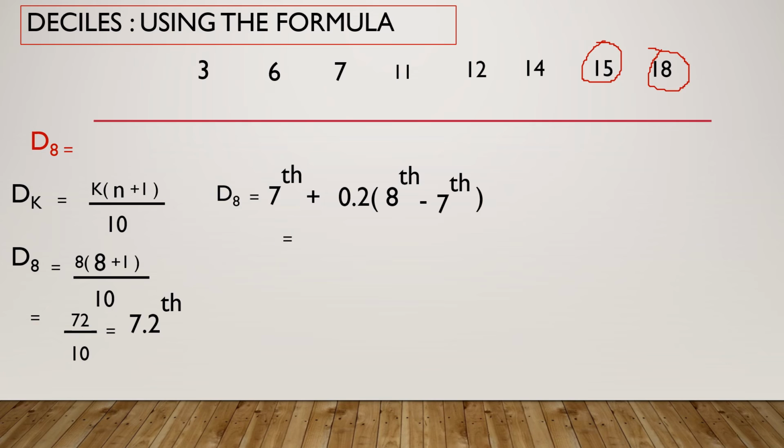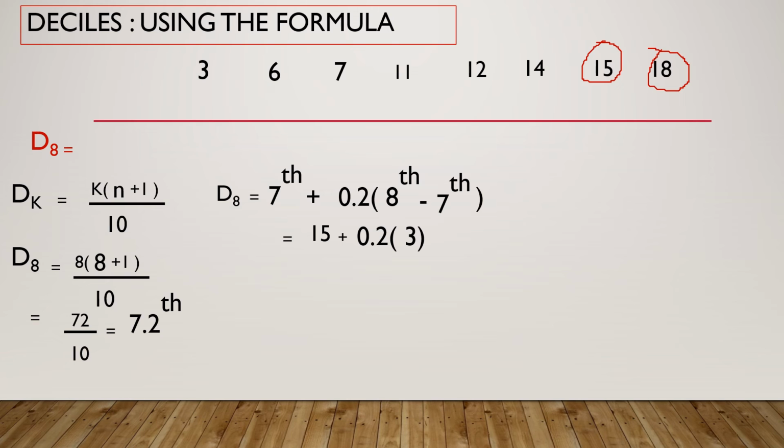So that is equal to, what is the 7th now? 15. That's the 7th value. 1, 2, 3, 4, 5, 6, 7. So 15. Just substitute 15 plus 18 minus 15. So 0.2 times 3, because 18 minus 15 is 3.